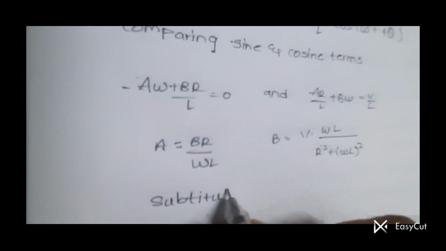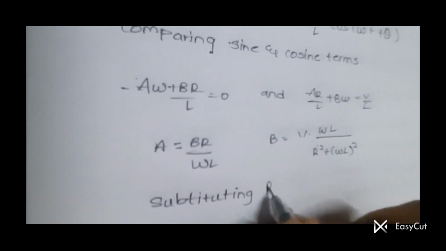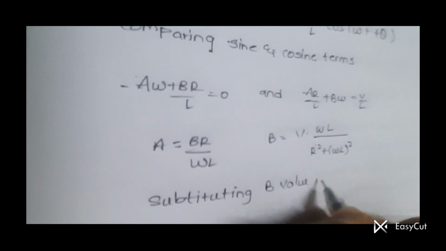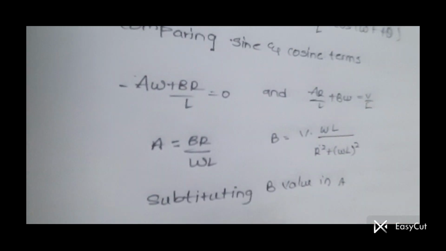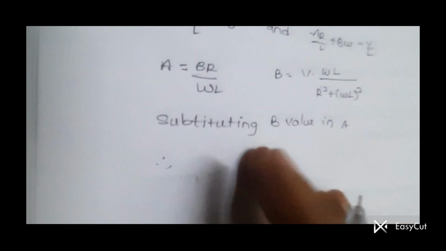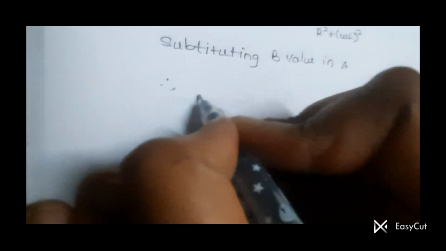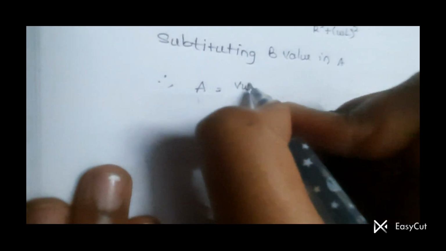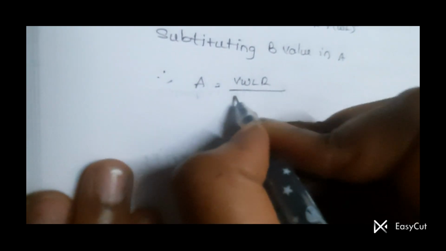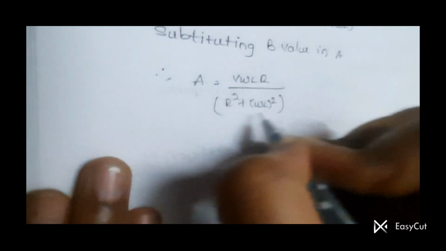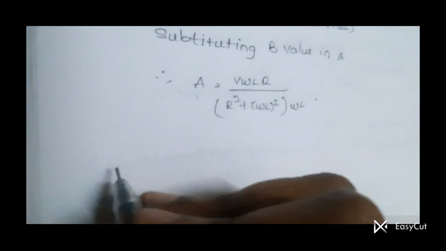Now substituting the B value in A, we get A equals V omega L R by R square plus omega L whole square into omega L.